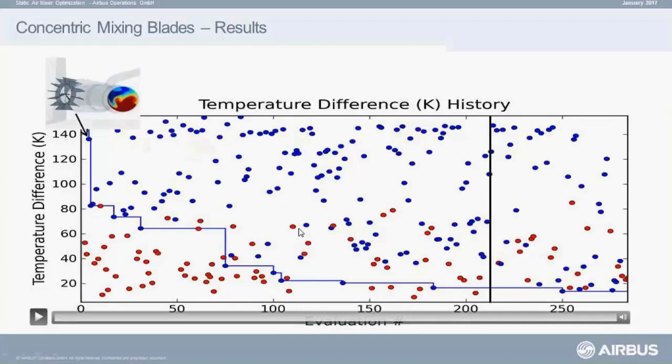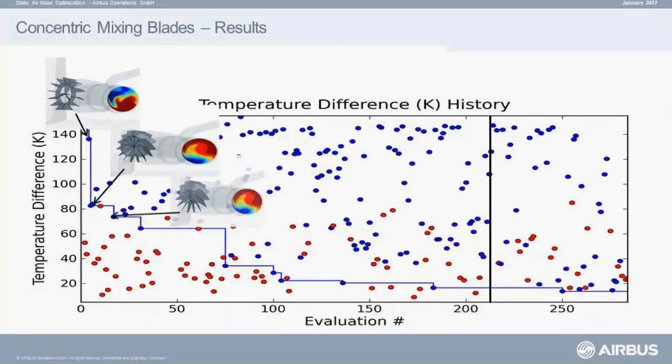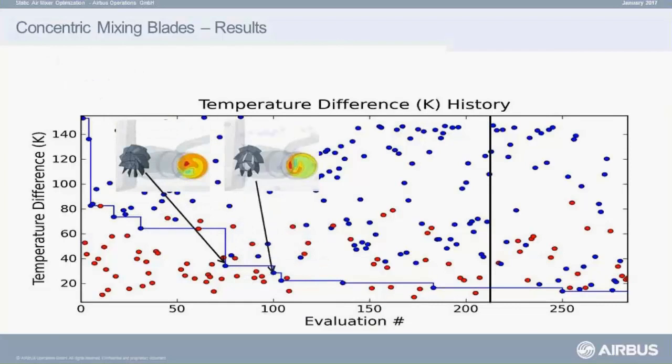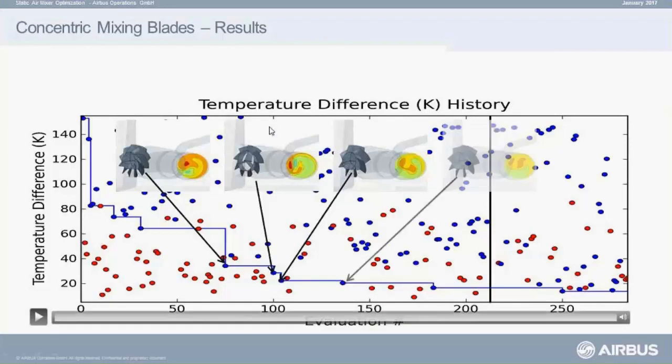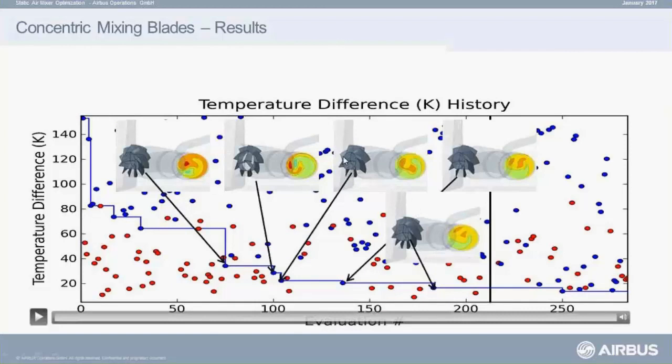And when we then take a look at the designs that were used to reach this, we can already see the direction in which we are heading. Looking at these different geometries, we can see that the best designs along this blue line always have a small number of plates and small curvatures, which is understandable because the flow in the core region is already mixed well, close to the mean temperature.